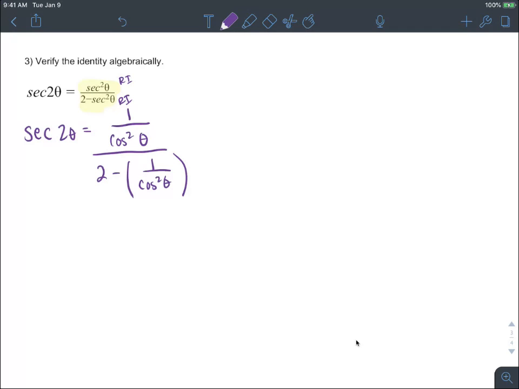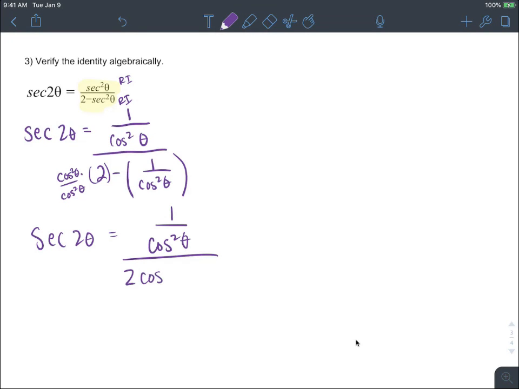Since I have a fraction on the bottom, I think we need a common denominator. So let's multiply by cosine squared theta. So secant 2 theta is equal to 1 over cosine squared theta all over 2 cosine squared theta minus 1 all over cosine squared theta.